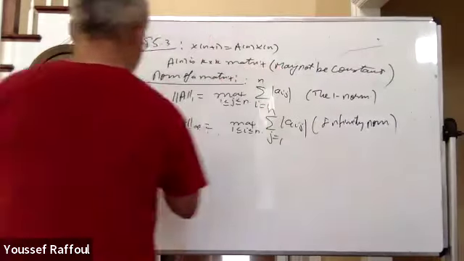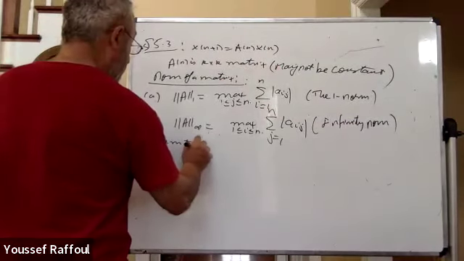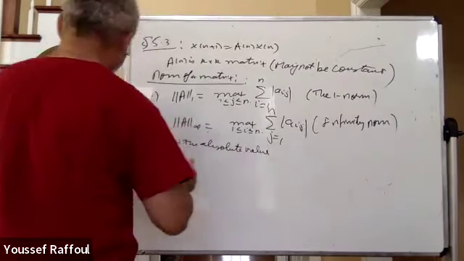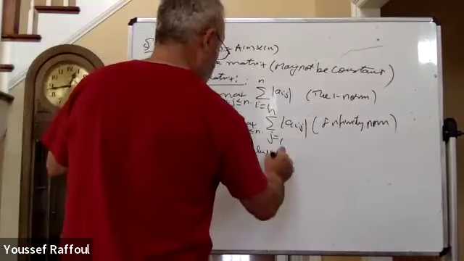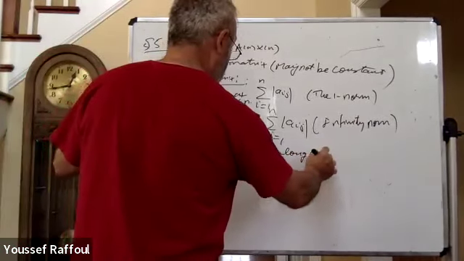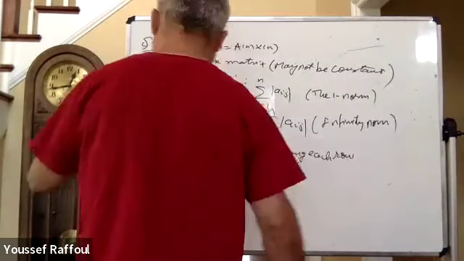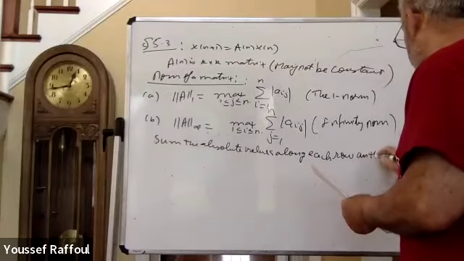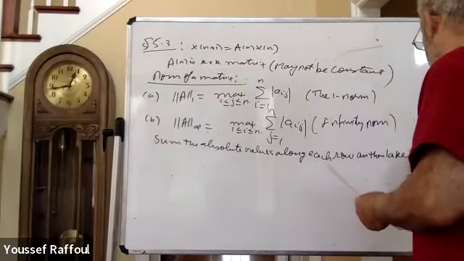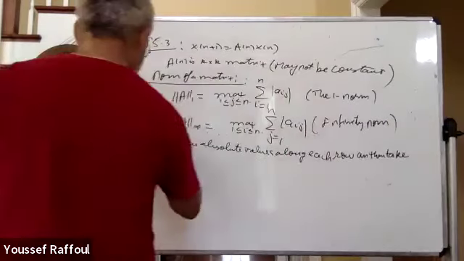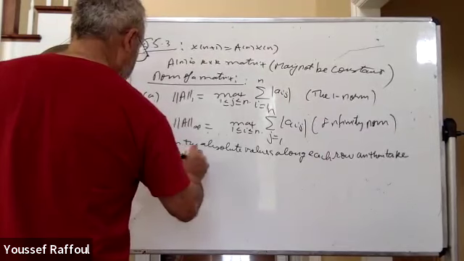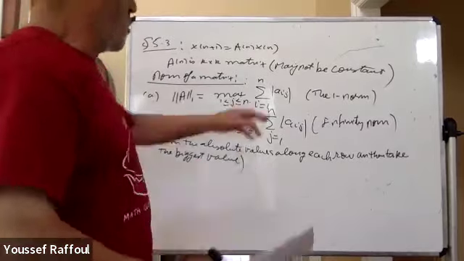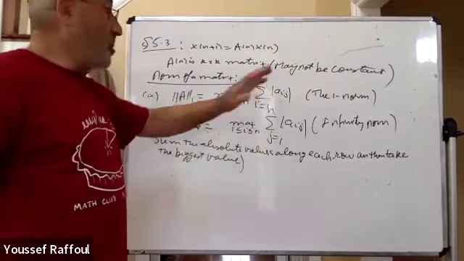So for this norm, sum the absolute values along each row and then take the biggest value. For the one norm, you sum all the entries in the matrix along each column.